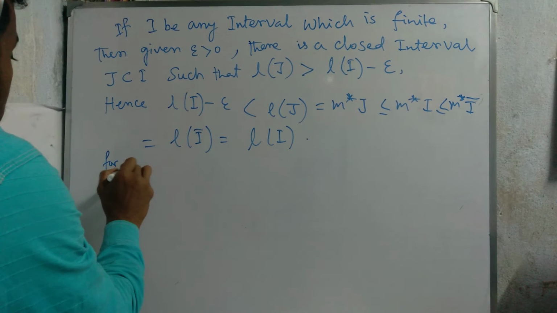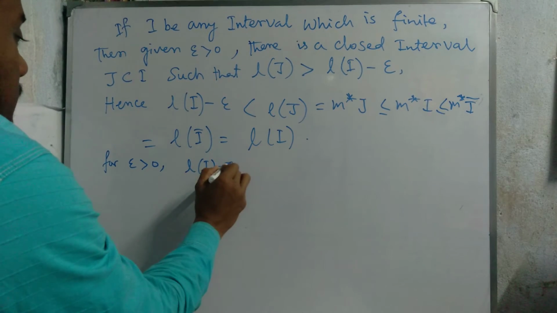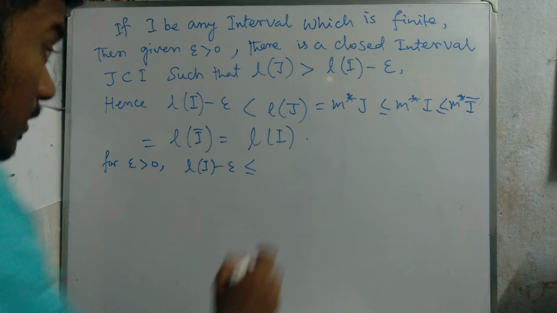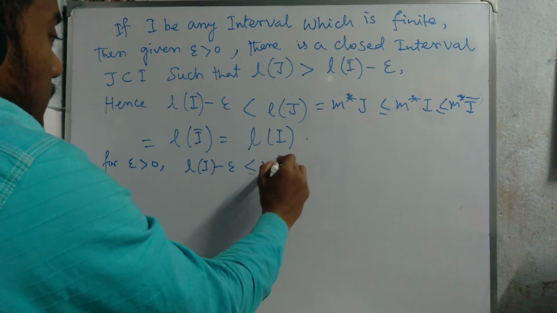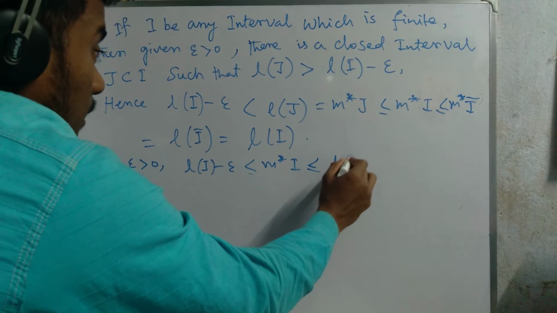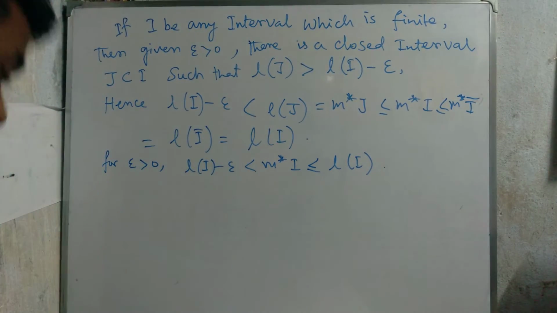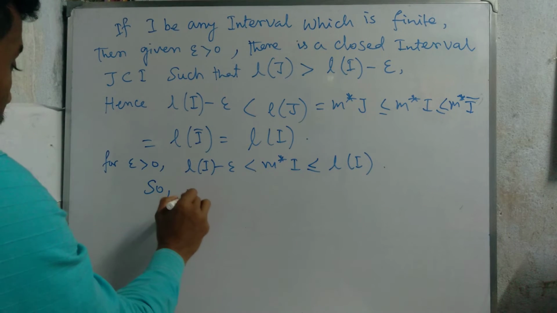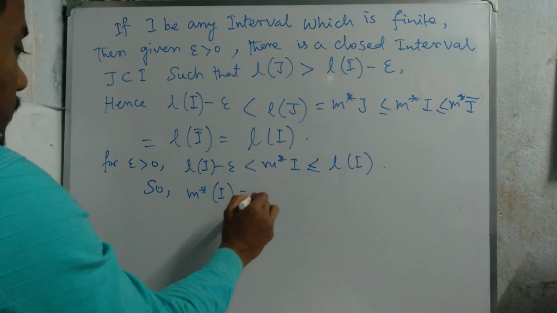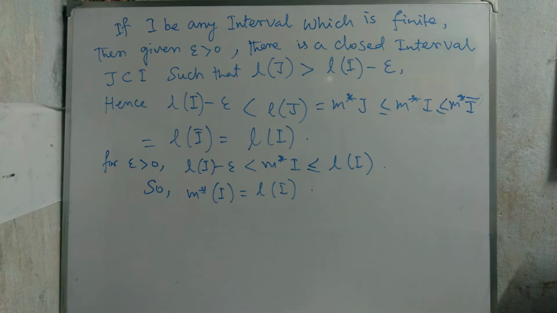So for epsilon greater than 0, l(I) minus epsilon is less than m star I, less than or equal to l(I). So we get m star I equal to l(I). Then if I is any finite interval, this one is done. Now we get another one. We write here, if I is any infinite interval, then what happens?